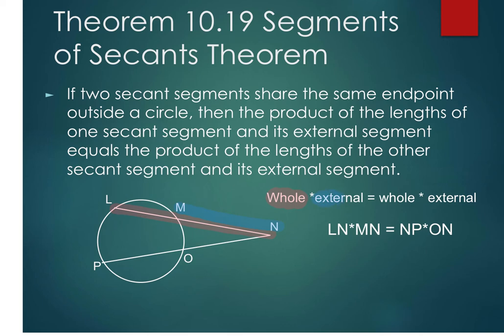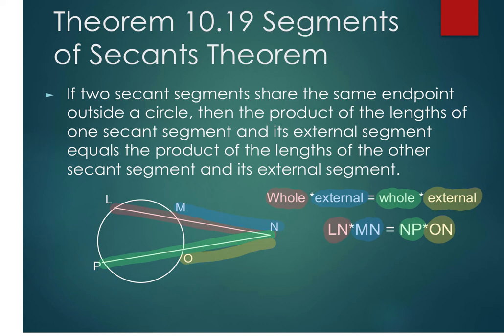So that whole times the external, MN, is going to be equal to the other segment, which would be PN, the whole, and then times the external, which would be ON, the external. So it's very similar to when two chords intersect inside a circle, right?